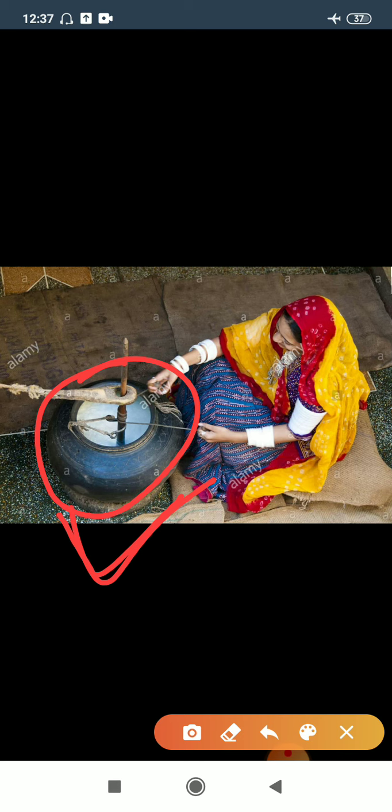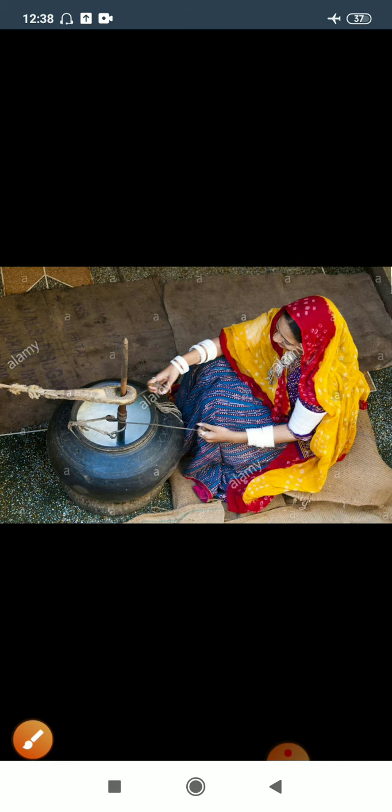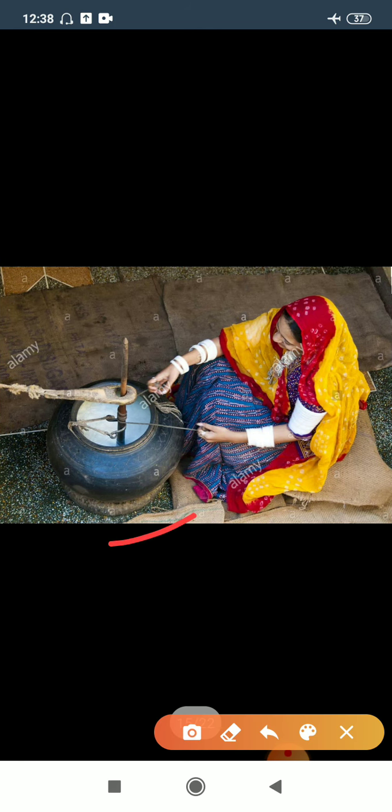Simply, when we churn the buttermilk, the butter will gather together and butter is lighter in weight, so it will float on the buttermilk, and easily with the hands we can separate the butter from the buttermilk. So this method is used for separating butter from buttermilk.